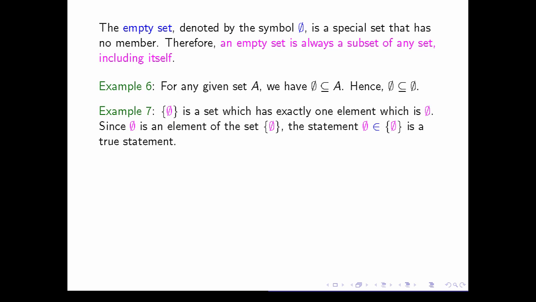So again, remember, these symbols denote a set containing exactly one element, and that one element is the empty set. So since the empty set is an element of this set, we can write that the empty set belongs to this set.